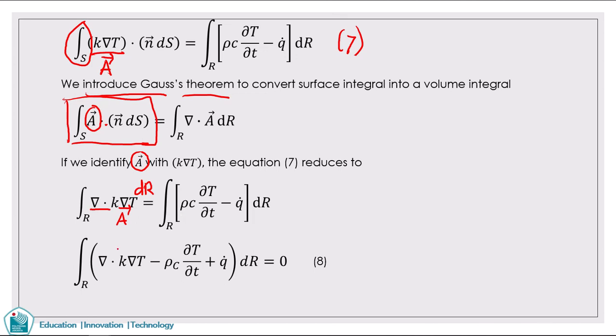Okay, this term comes from here, and then we put all the terms on the right hand side into the left hand side. So this one becomes negative and the q dot becomes positive. So the right hand side is equal to 0.